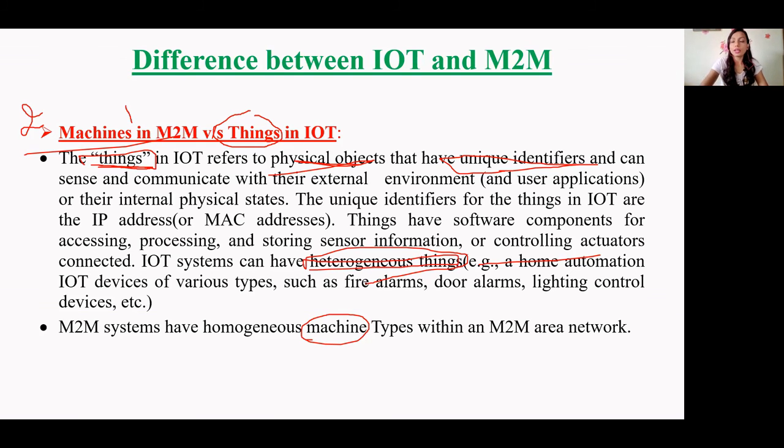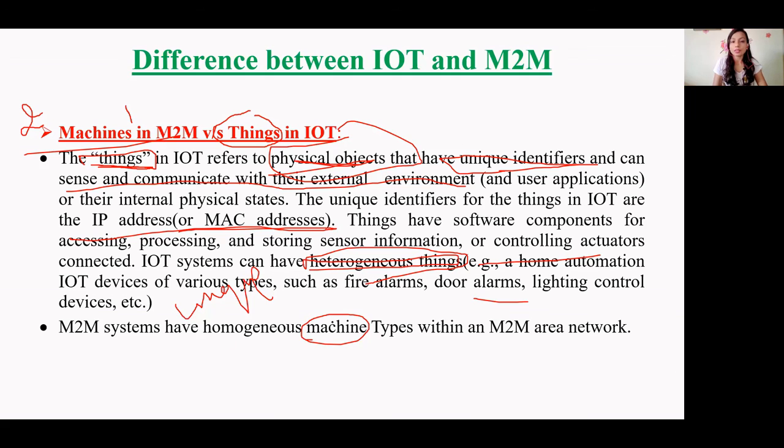Just as you have a unique register number, they have a unique ID, and can sense and communicate with the external environment. So things in IoT are physical objects. They are heterogeneous. They have a unique identity, that is a URI, or you can use an IP address or MAC address, but it should have a unique identity. They can be used in home automation, fire alarms, door alarms, etc.